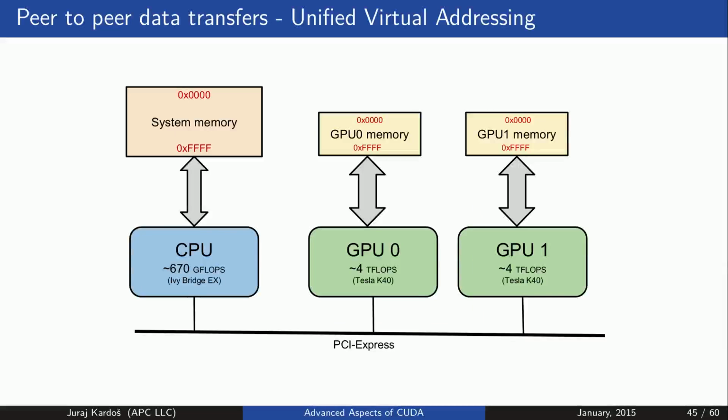Peer-to-peer feature is possible thanks to second generation of GPU Direct and unified virtual addressing. Unified virtual addressing was introduced in CUDA 4 and supported since Fermi architecture. In a regular cluster node, we have devices connected to PCI Express, each having its own memory space.